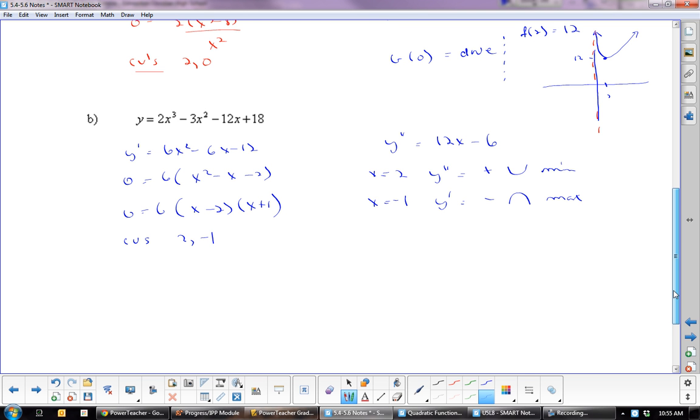And you have to obviously plug those into the original, and what did I get? 2 comma negative 2 was the local min, and the local max was negative 125, I think.